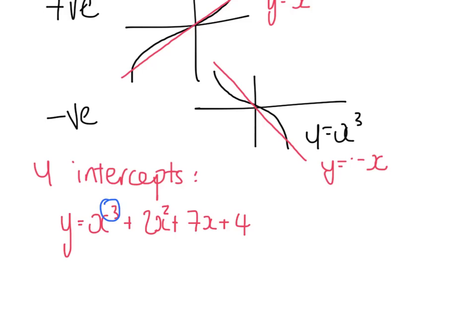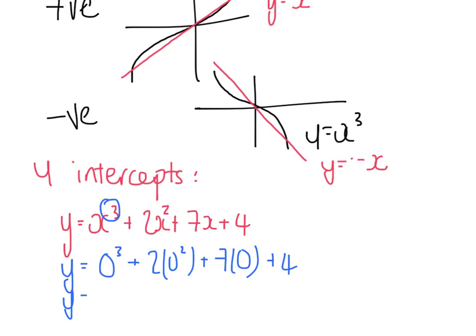And where it crosses the y-axis is when x is 0. So y is 0 cubed plus 2 lots of 0 squared plus 7 lots of 0, well, plus 4. So y is 4. So in this graph, our cubic, whatever it's doing, is crossing the y-axis at 4. So it's when x is 0.